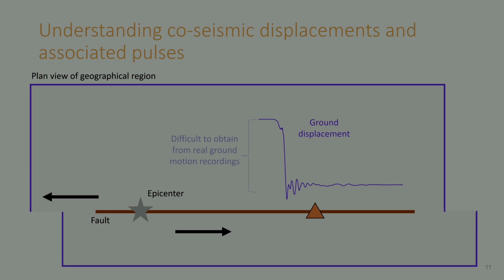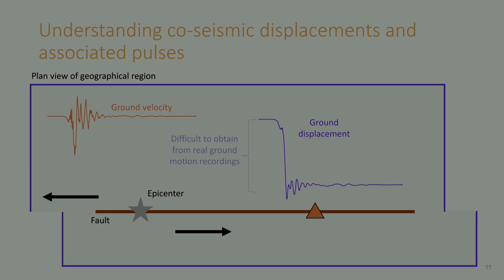And it turns out this is very difficult to obtain from real ground motions because of the way we process the data coming from the accelerometers. This permanent offset actually has to be removed from your real ground motions. So that makes it very difficult to assess and understand this effect from real records and to know how it might affect infrastructure.